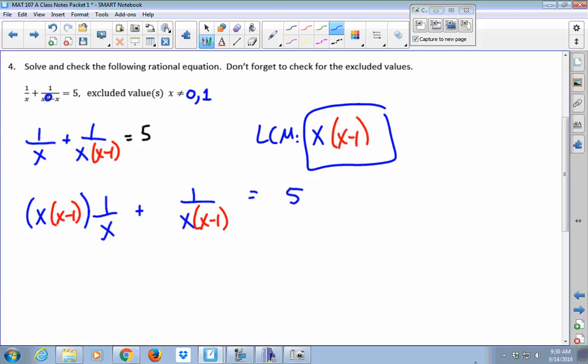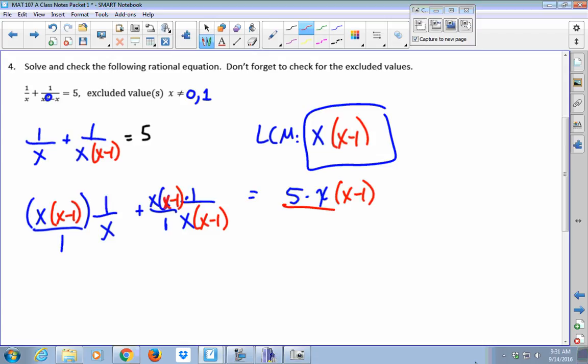So there's my first fraction being multiplied by that. And if you want, I can put it over 1. My second fraction is going to get multiplied by exactly the same multiple. I'll put it over 1 just so nobody's confused. And don't forget the right side. The right side needs to be multiplied too.